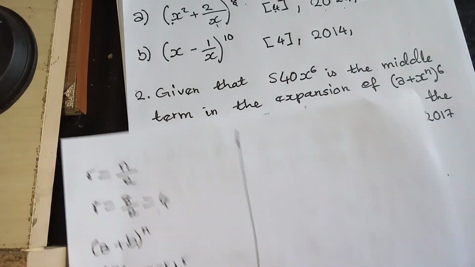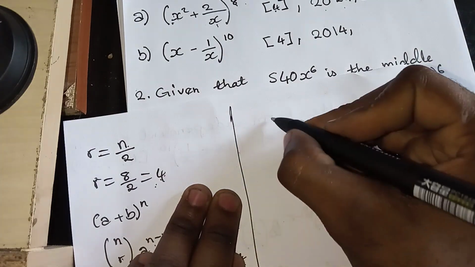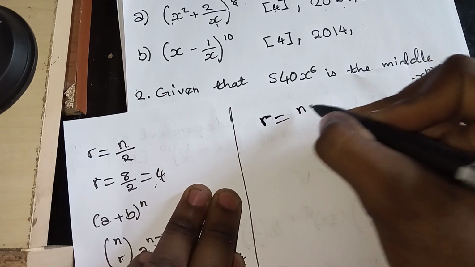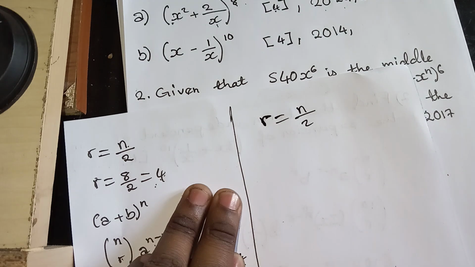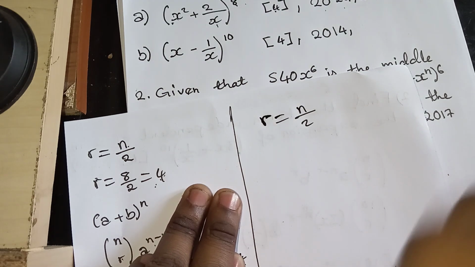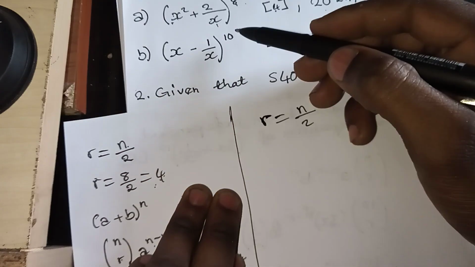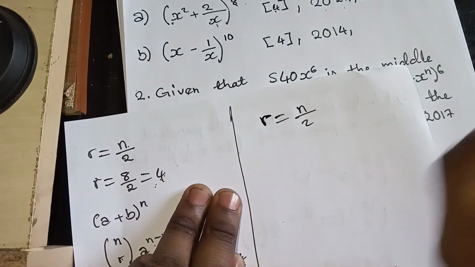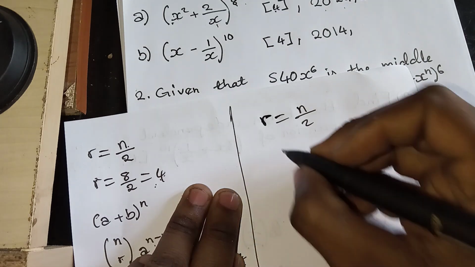And then for part B, our r will be n divided by 2. Remember, we're trying to find the middle term. So you just divide by this, and whatever you get will be your r. You don't need to add or subtract anything here.